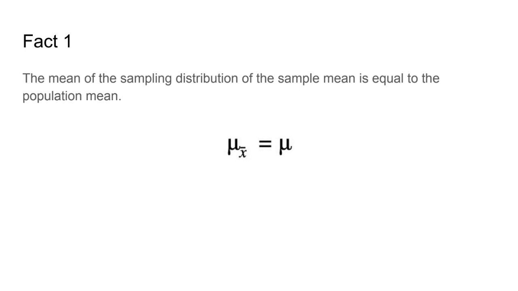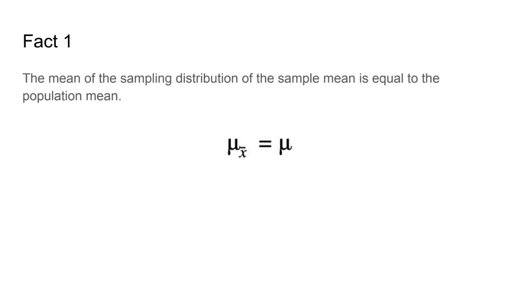And that means that if you were to very often take samples, calculate the means, and take the average of that, what you end up with is just the population mean. This also means that sample means are a good way to estimate the population, but we are going to get back to that a little bit later.